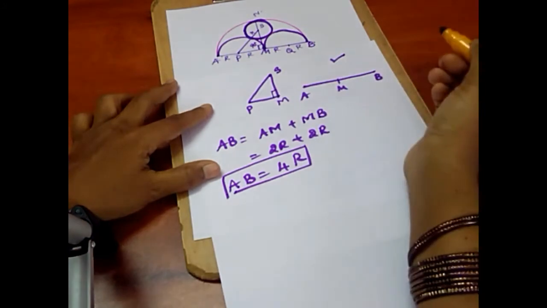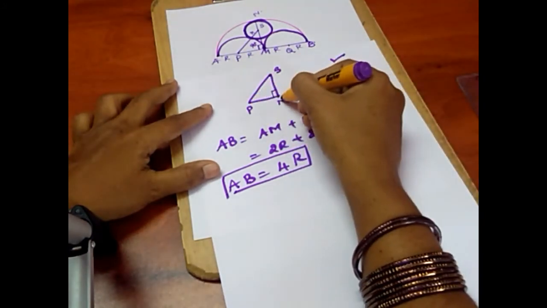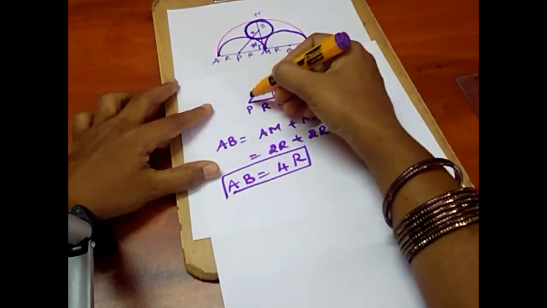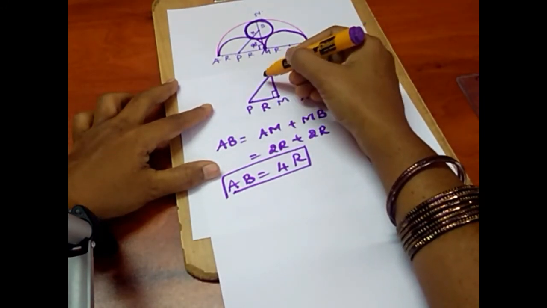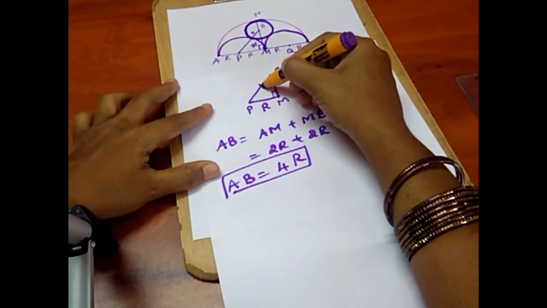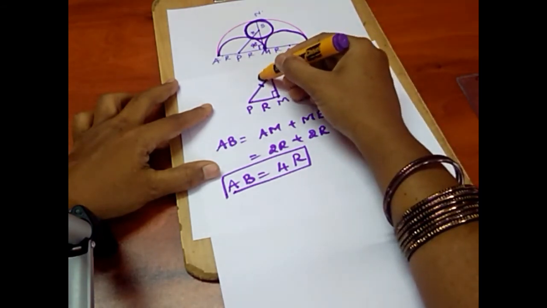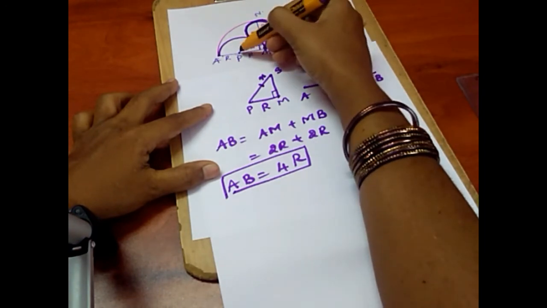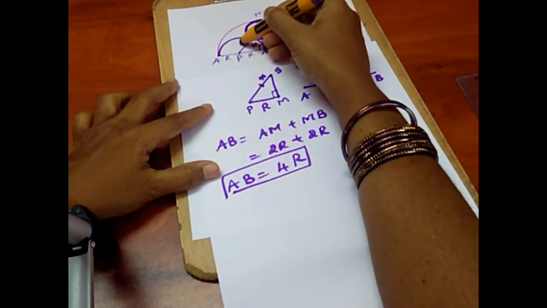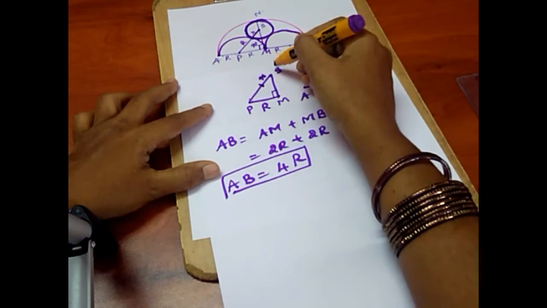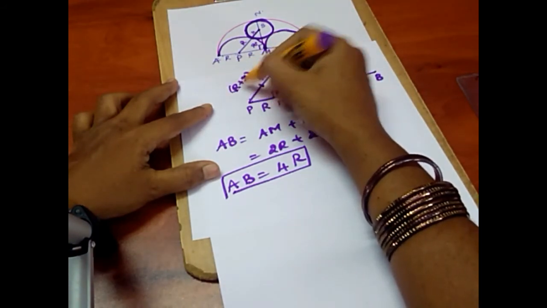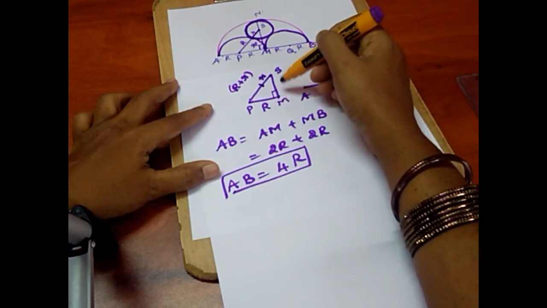Now think of the Pythagoras theorem. Measure of PM is R, we know it already, and measure of PS. At this point we have a small r radius, which is given in the diagram, and this part is the capital R. Hence PS is equal to R plus r. Then what is MS?